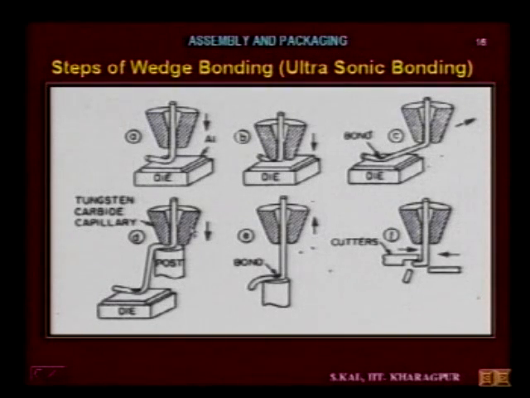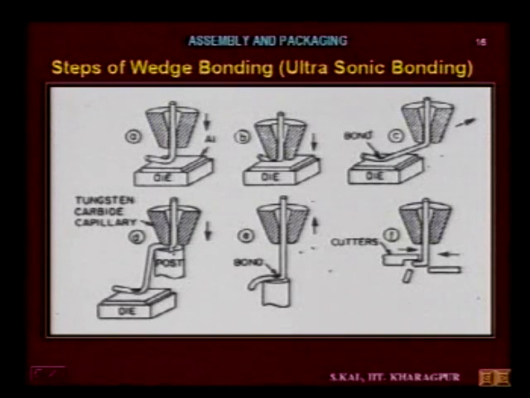The capillary or the bond head is made of tungsten carbide. It's very hard. Then again, after bringing the post below the capillary, we put ultrasonic energy and pressure together to form a wedge on the wire on the post.